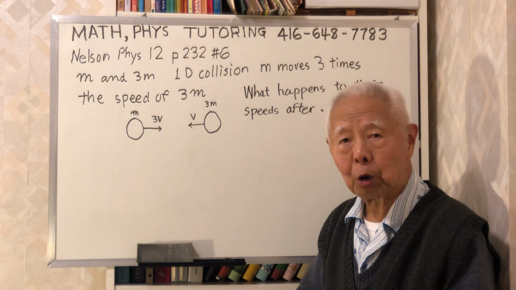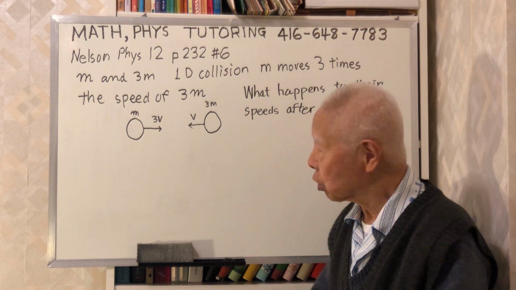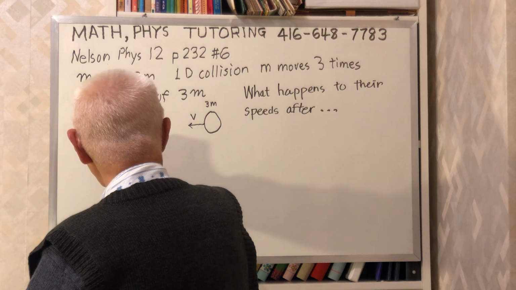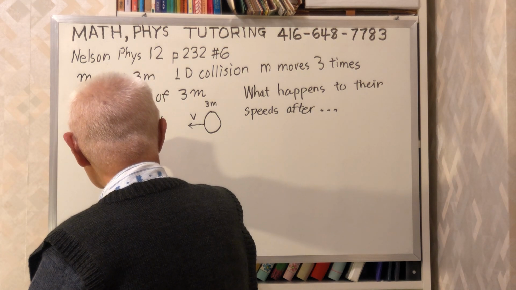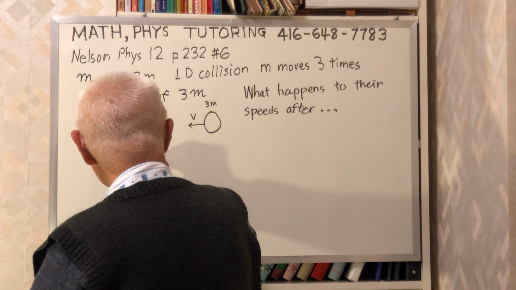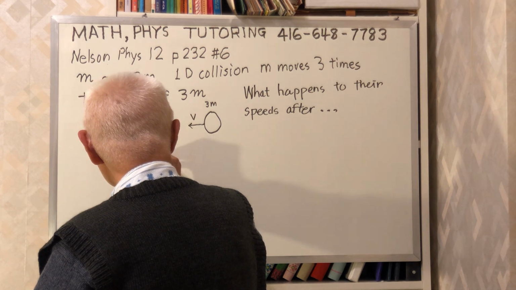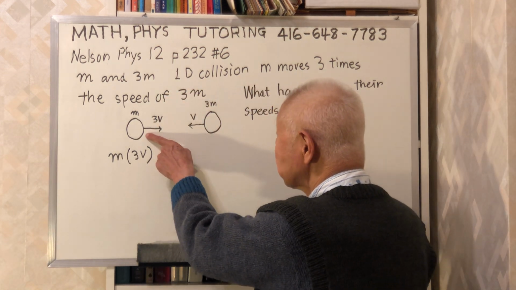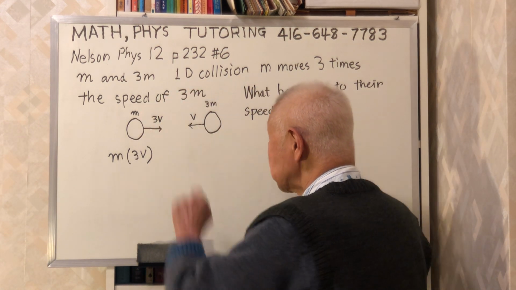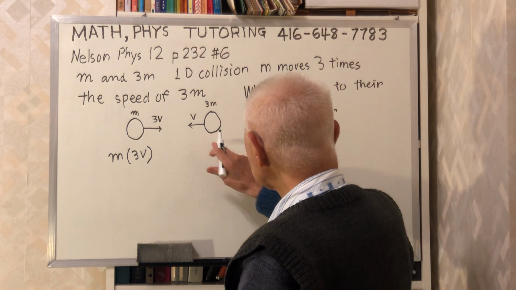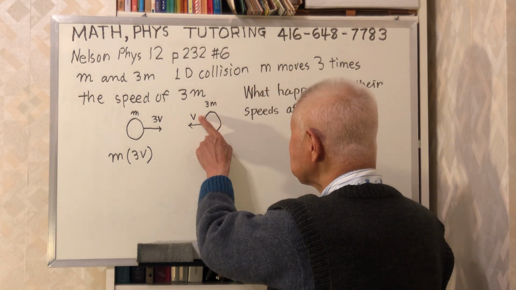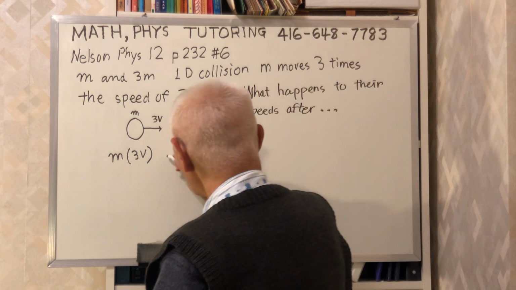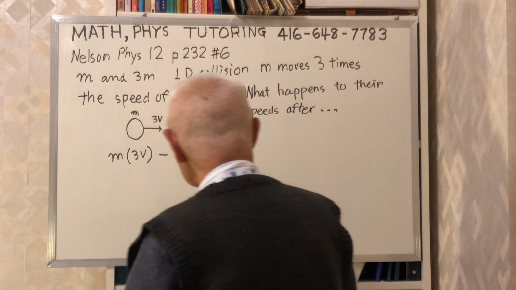So let me find the momentum before the collision. Momentum is mv, so the momentum of this object is m times 3v. The momentum of this object is 3m times v. But the direction is opposite. Therefore, I have a negative sign.